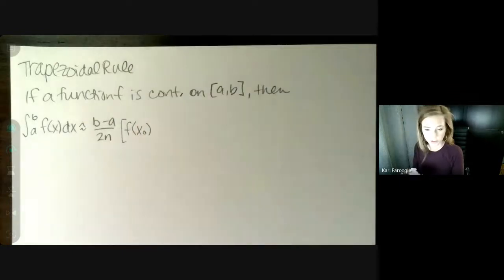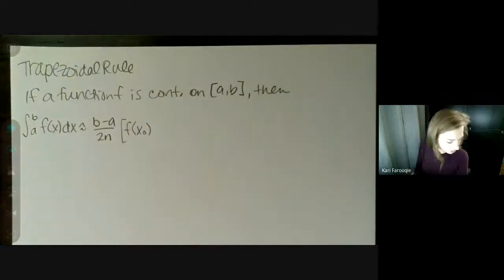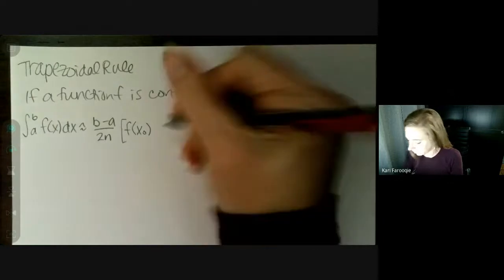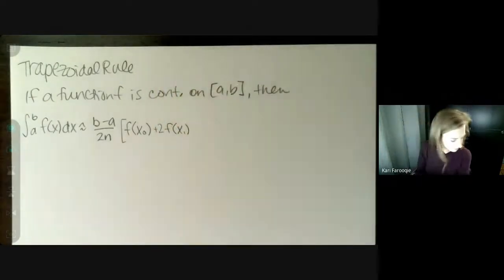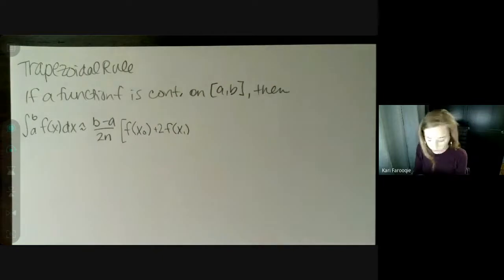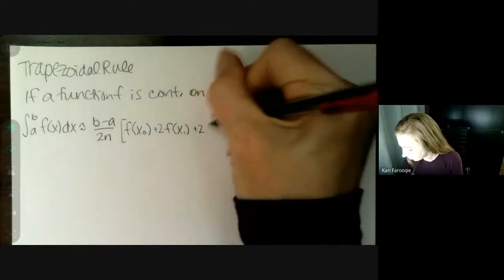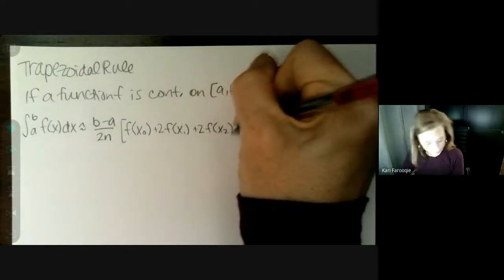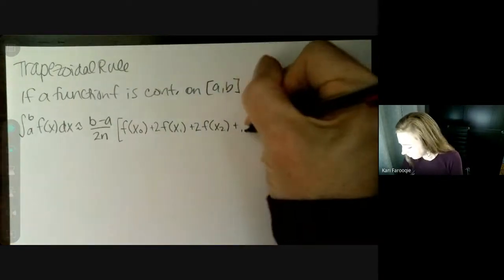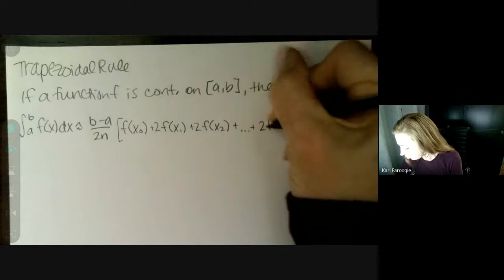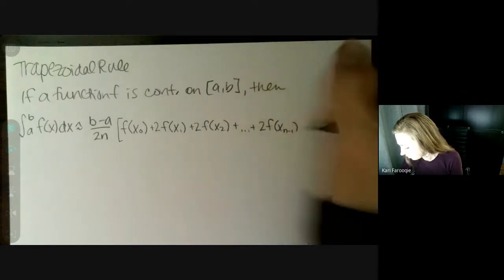Already that's a little bit easier because you're not thinking about x bars. Plus twice f of x sub 1, and then twice f of x sub 2. And you're going to continue this pattern until you get to twice f of x sub n minus 1.